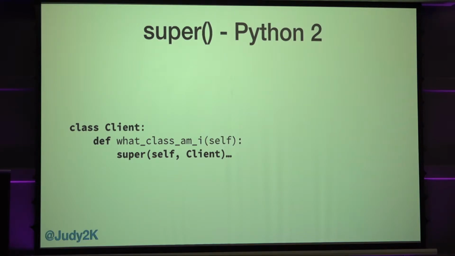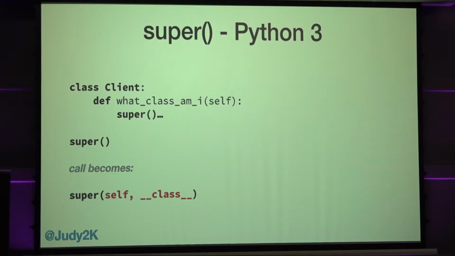The reason for this is in Python 2, if anybody remembers Python 2, it was so long ago, when we called super, we had to pass in the instance explicitly as well as the class that we were on. In Python 3, we didn't want to do that, but we also didn't want to break the object model. So they came up with this magic dunder class value, which is provided to methods automatically.